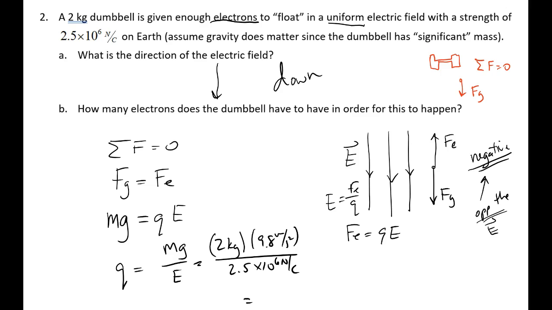If I do that really quickly, 2 times 9.8 divided by 2.5 times 10 to the 6th, I get 7.84 times 10 to the negative 6, and that should be coulombs, because a kilogram times a meter per second squared is a newton. The newton and newton cancel, leaving just coulombs. So this is 7.84 microcoulombs.